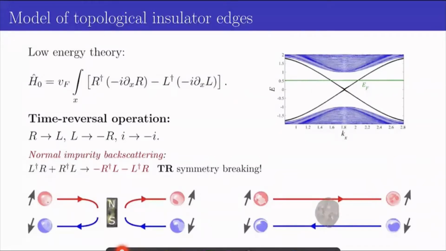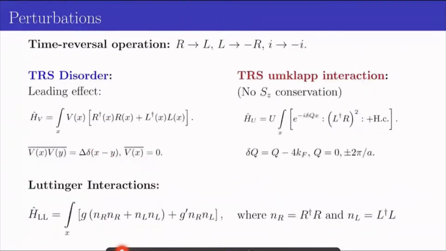Time reversal operation is anomalous such that normal backscattering is not allowed by the time reversal symmetry. Therefore, in the absence of time reversal symmetry breaking, edge states remain ballistic. We can also use the time reversal operation to enumerate all the possible perturbation terms.